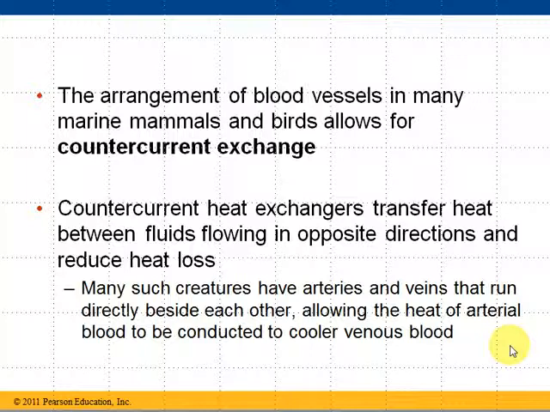They have what's called countercurrent heat exchange, where the arterial blood coming from the interior of the body, which is nice and warm, and the venous blood coming back from the extremities that's kind of cold, those blood vessels run right up against each other. So some of the heat from the interior of the body can get transferred to that venous blood coming from the exterior portion. So it's kind of like using a radiator in a car or tubing to kind of transfer heat from one body part to another.